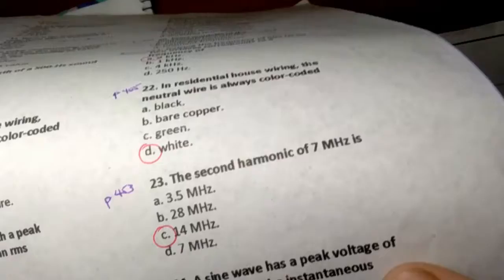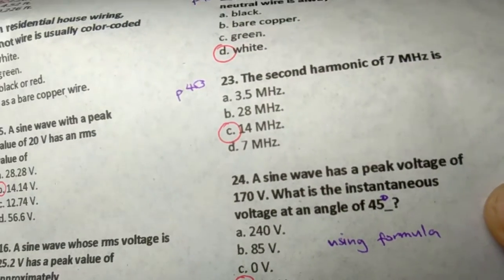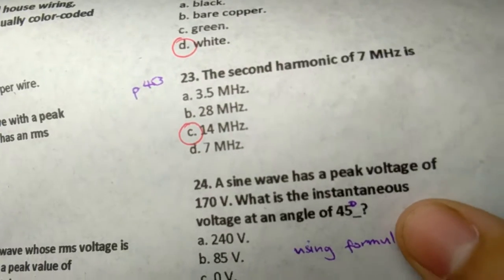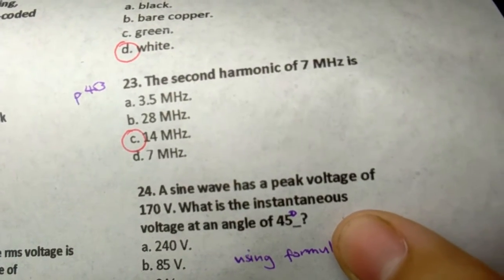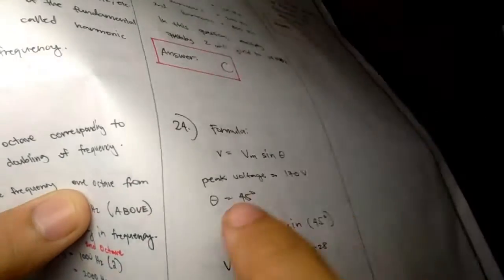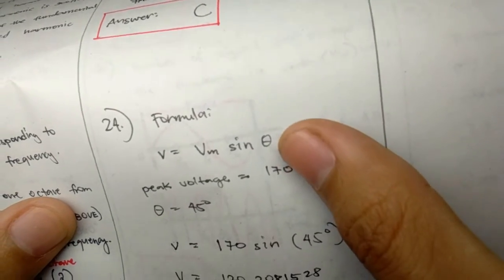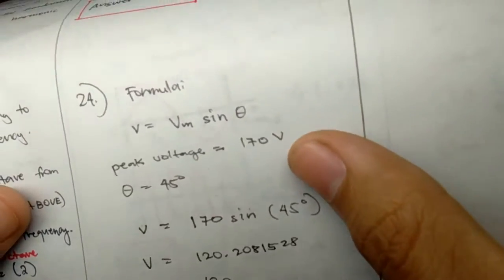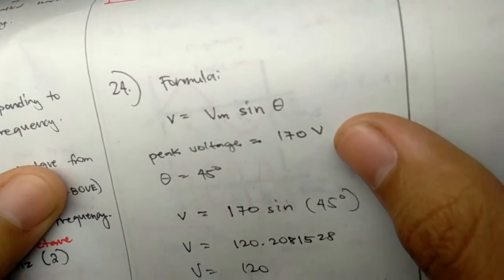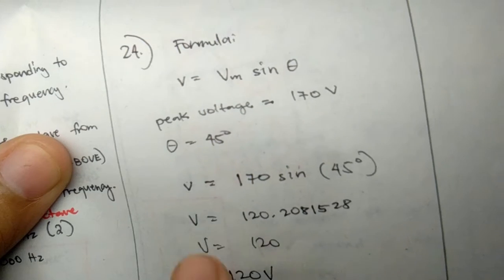Then, number 24, a sine wave has a peak value of 170 volts. What is the instantaneous voltage at an angle of 45 degrees? There is a formula for that: volts is equal to maximum value times sine theta. The peak value given is 170 volts, and theta or the angle is 45 degrees.